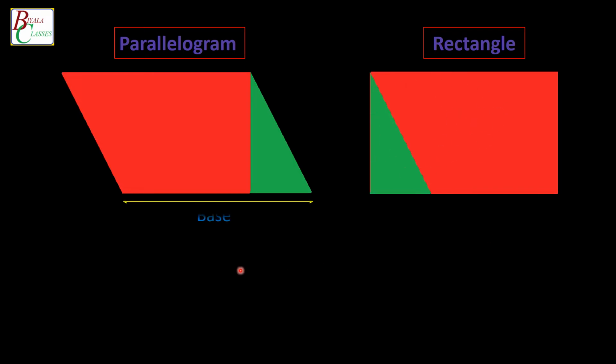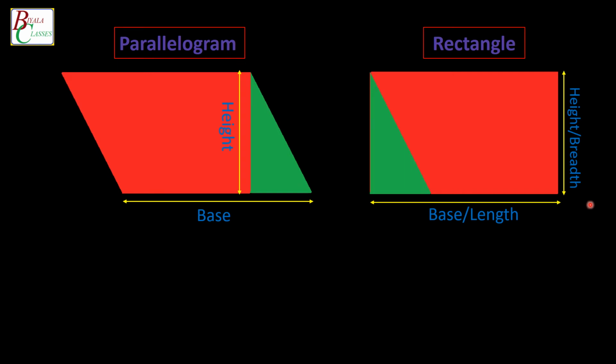Now if you see here, the base of this parallelogram becomes the length of this rectangle. The base of the parallelogram and the length of the rectangle are equal. Also, the height of the parallelogram becomes the breadth of the rectangle.